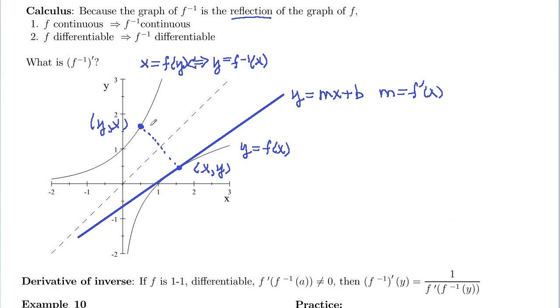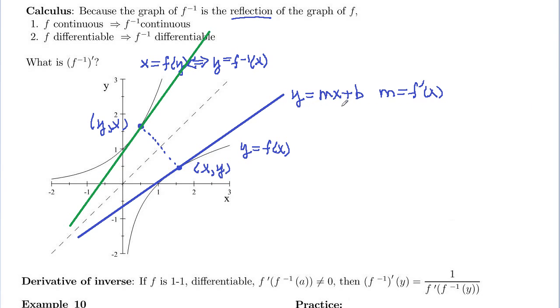And you also have a tangent line there, and it has a slope, and that slope is the derivative of the inverse at that point. So we have a tangent line here. The green line is the reflection of the blue line. And then this line is going to have an equation. It's going to be the inverse of this equation.